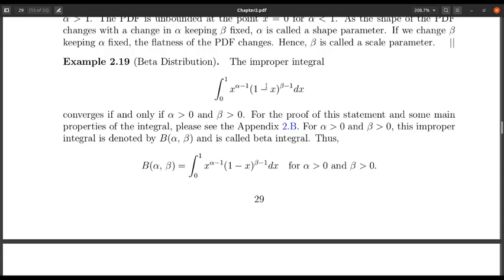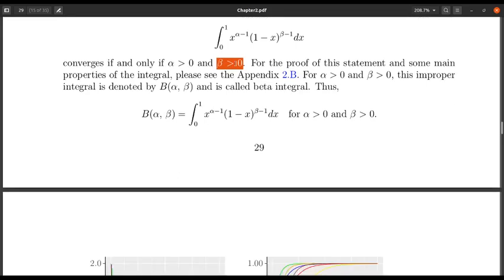If both are less than 1, we have problems near 0 and near 1, and if both are greater than or equal to 1, we have no problem. This is a proper integral. And the point is that if alpha is strictly greater than 0 and beta is strictly greater than 0, then this integral converges.